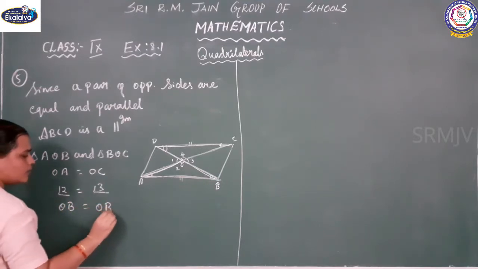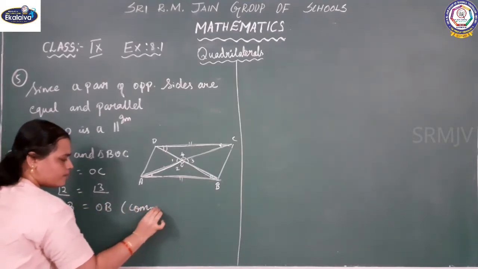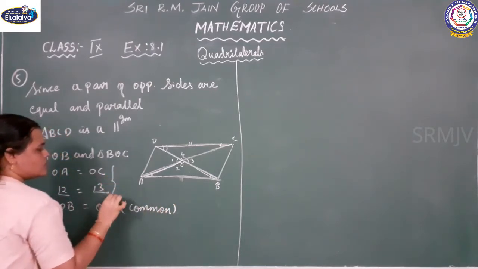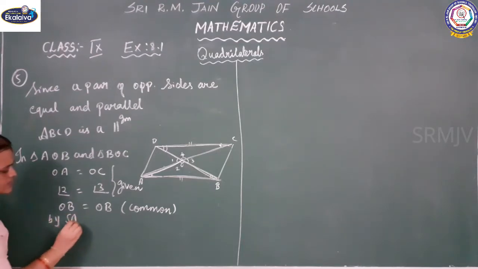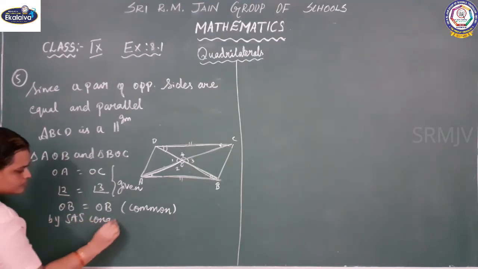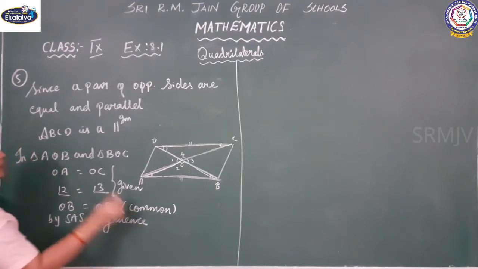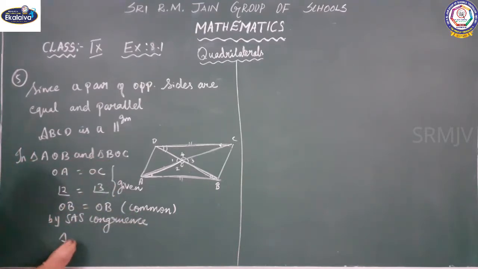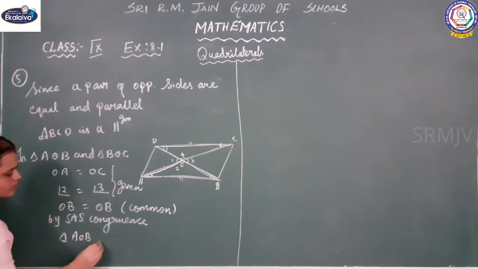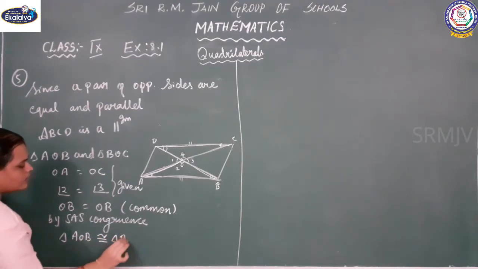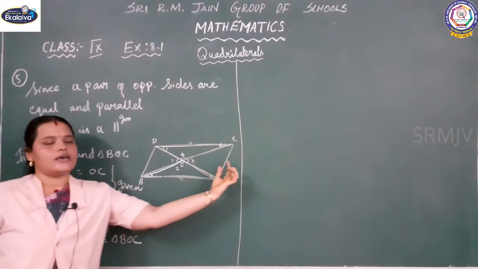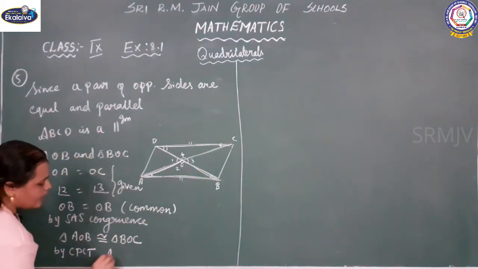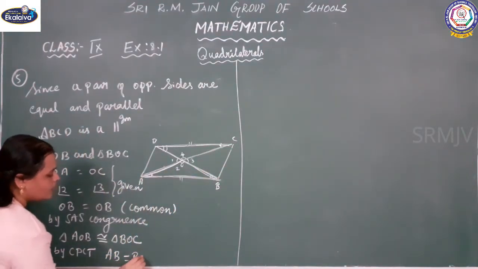So OB is equal to OB. This is common, and the other two are given in the question. So by SAS congruence, we are going to tell these two triangles are congruent. So AOB is congruent to triangle BOC. So by CPCT, I am going to tell these two lines are equal, that is AB equal to BC.